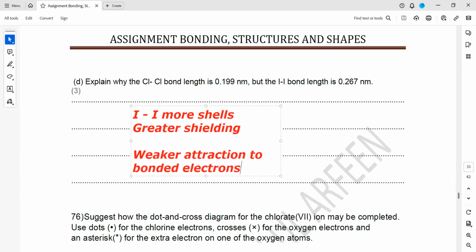And when there's a weak attraction to the bonded electrons, the bond length will be longer, like the distance from one nucleus to another will be much longer. And you can say it the other way around: chlorine has fewer shells, less shielding effect, and stronger attraction to the bonded electrons between the nuclei.